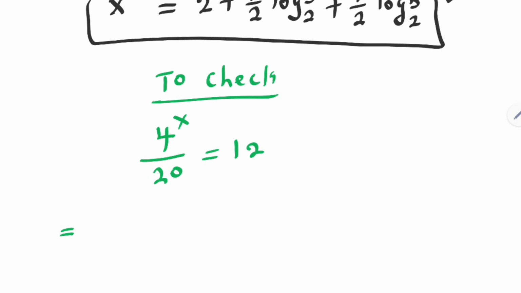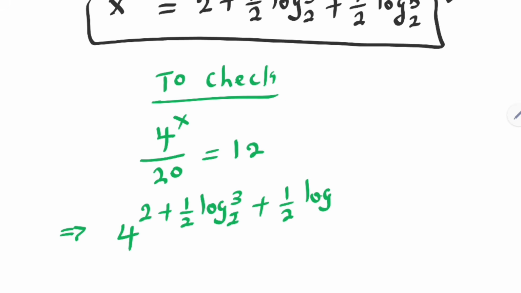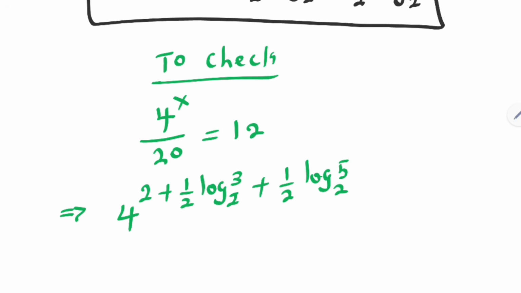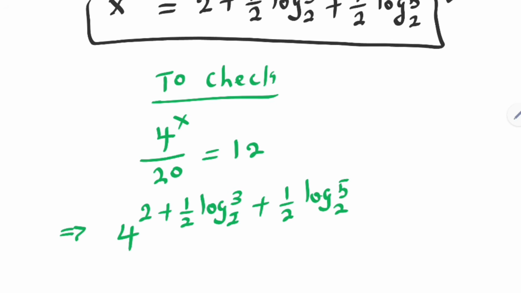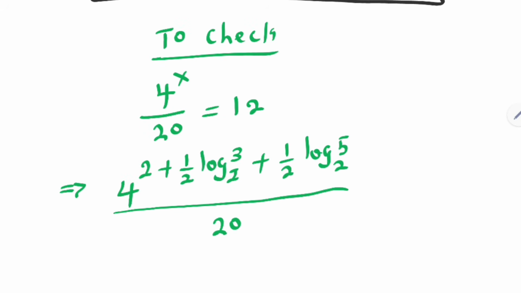Then this can be written as 4 raised to power 2 plus 1 over 2 log 3 base 2 plus 1 over 2 log 5 base 2, then divided by 20 is equal to 12.